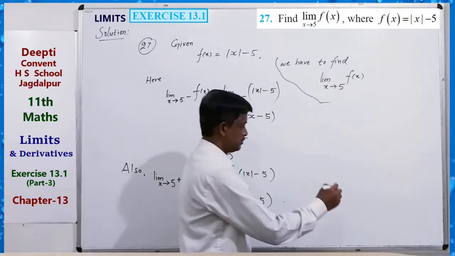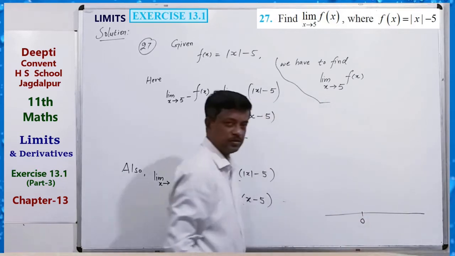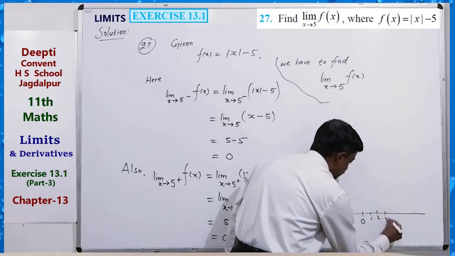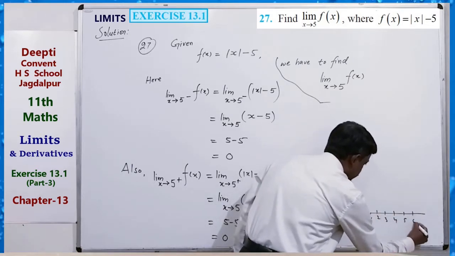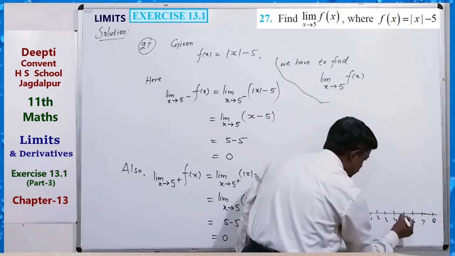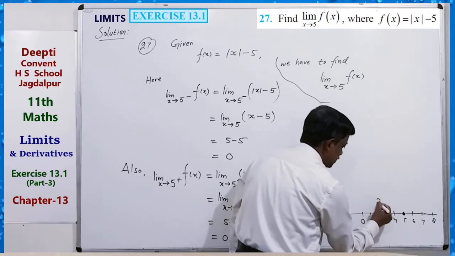Just like this logic. It is 0 and 1, 2, 3, 4, 5, 6, 7, 8. This is 5. The left side is this. That is, x lies here.